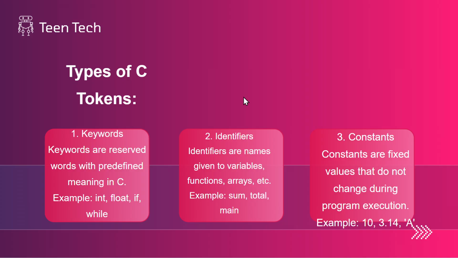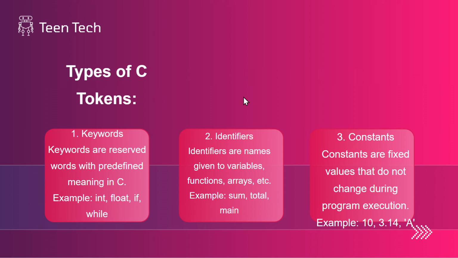Keywords are special words in C that have a fixed meaning. These words are already known to the C compiler, so we cannot change their meaning and we cannot use them for naming variables or functions.